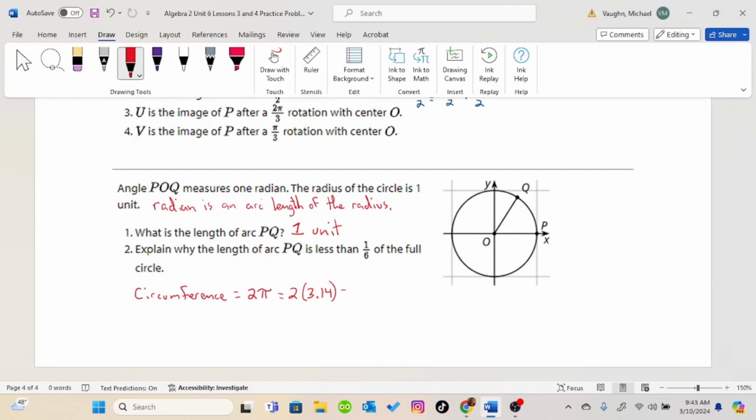And 2 times 3.14 is 6.28. So if I were to divide 6.28 divided by 6, this would be approximately 1.046. We said the length is only 1, so it is slightly less than 1/6.